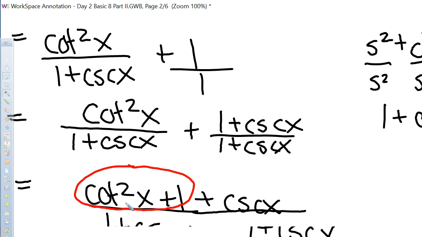What can we do next? Look at the numerator closely. Can I cancel these cosecants because they're both binomials? No, because this is the same binomial.